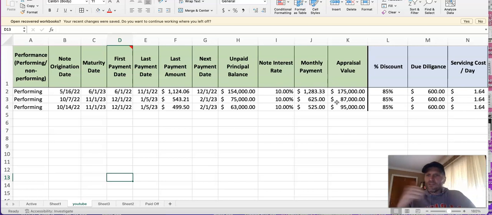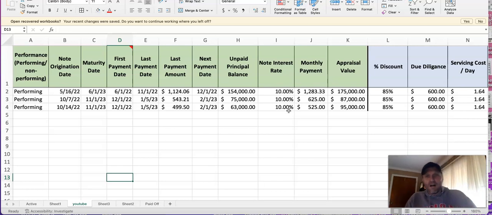Typically, when I get these assets, I ask the person selling the note what the price expectations are. That way I'm not wasting their time, and I have a better understanding of what they're looking for. If they tell me they're looking at 90 cents on the dollar for these performing assets, then I can see if they fit within my buy box, the criteria.